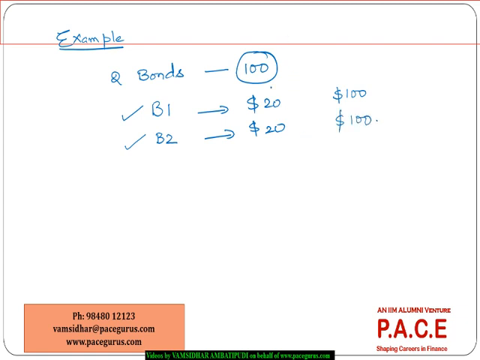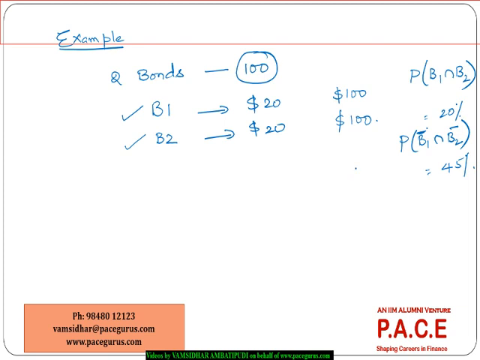Now, the probability that both the bonds default, B1 and B2, both of them default, is 20%. The probability that neither bond defaults, so B1 bar, B2 bar, neither of them defaulting, is 45%.